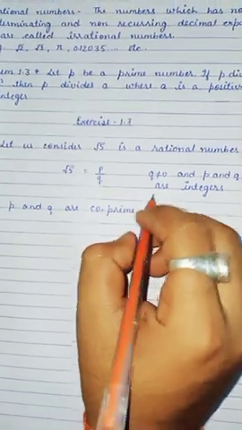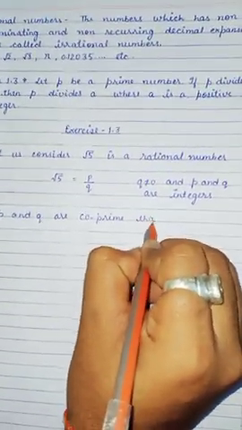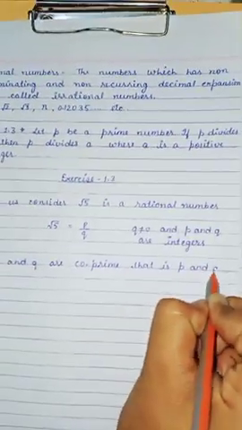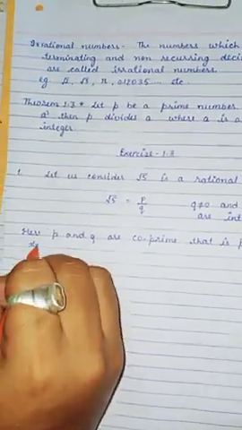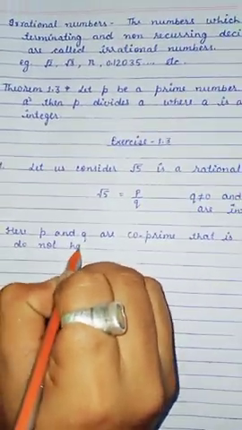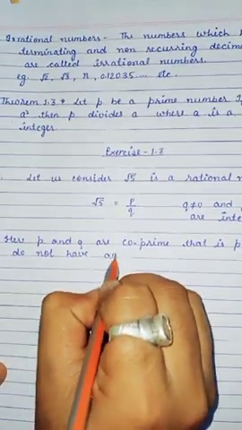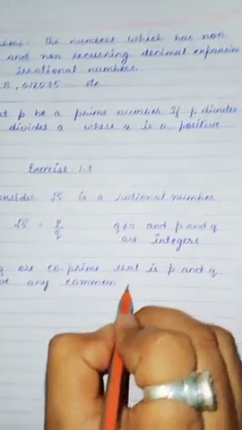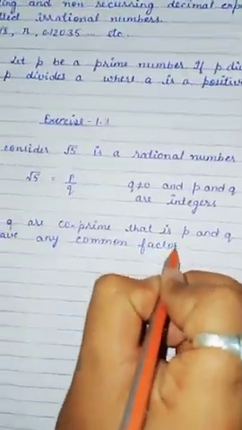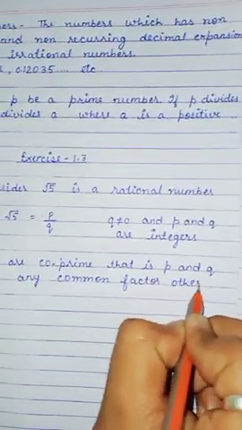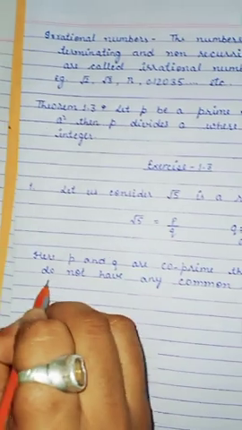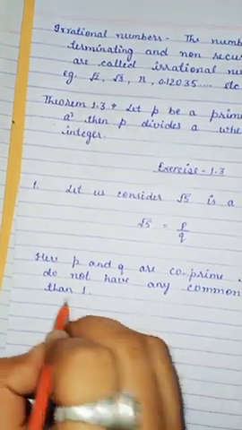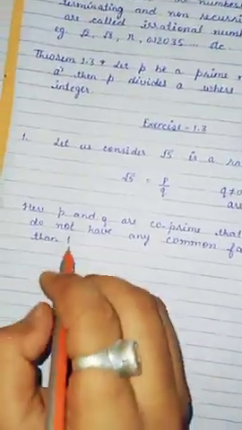So here p and q are co-prime, that is, p and q do not have any common factor other than 1.